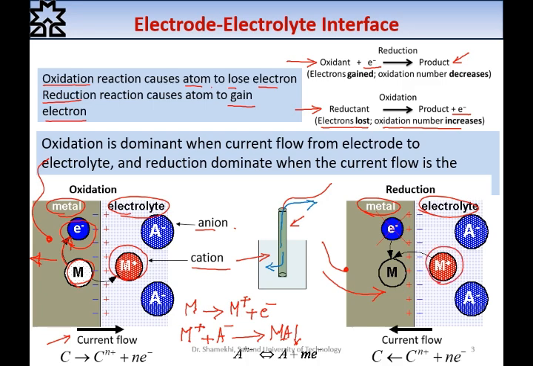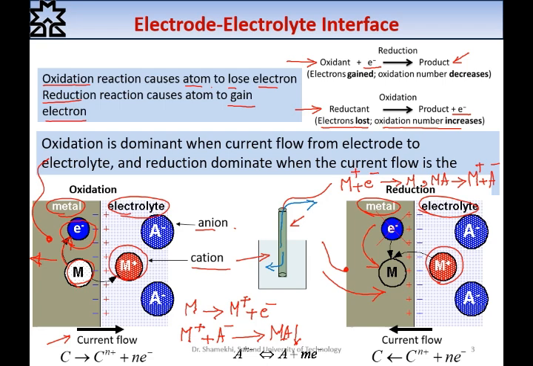Cations should gain electrons and come back home, and also the deposit MA will be divided into M plus and A negative.